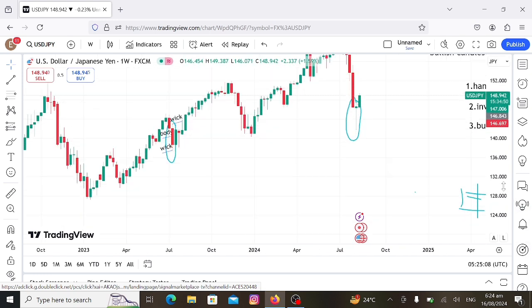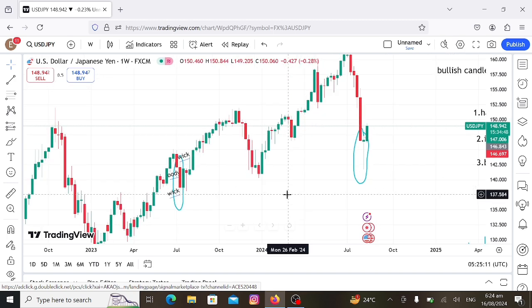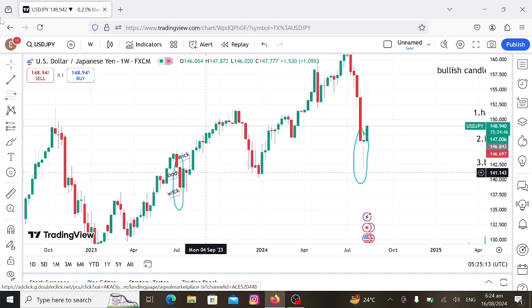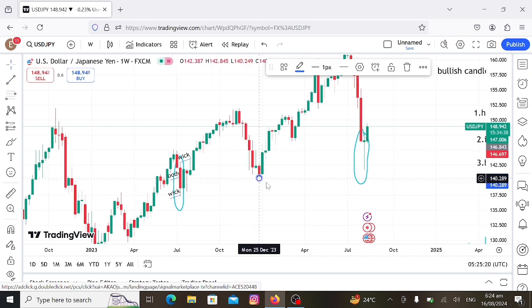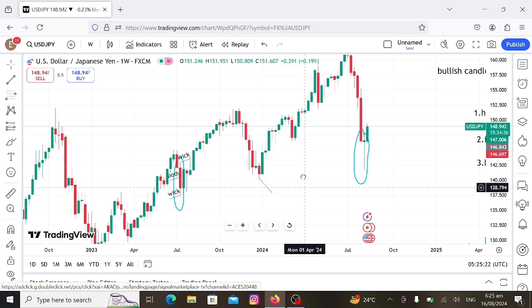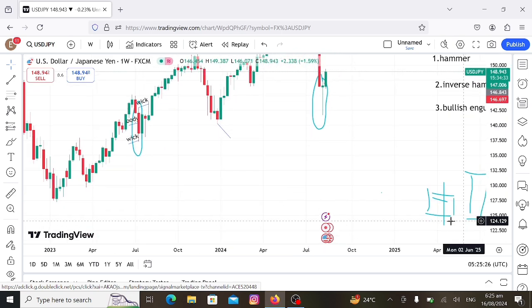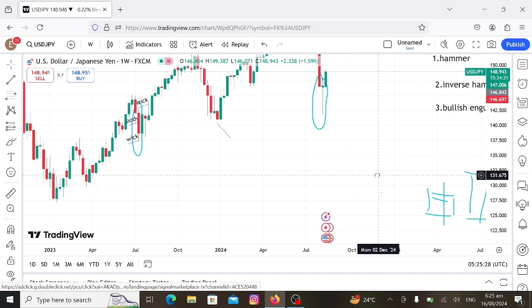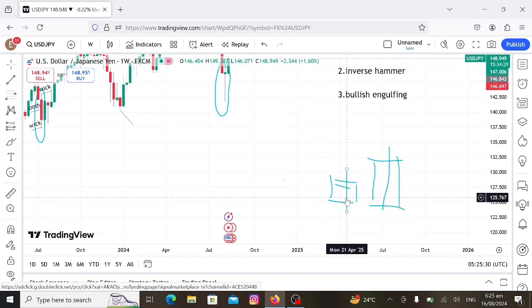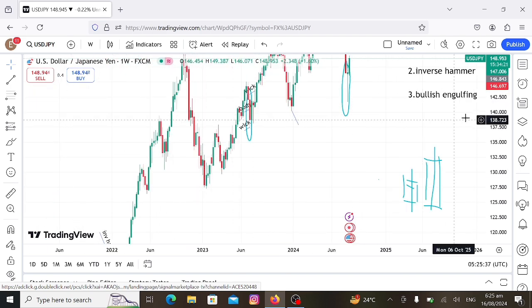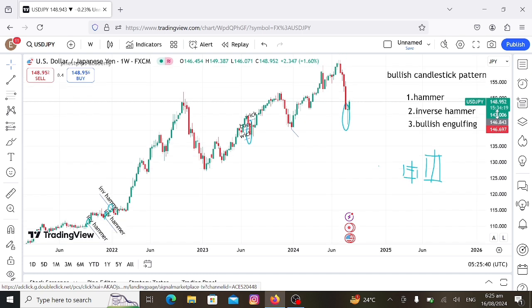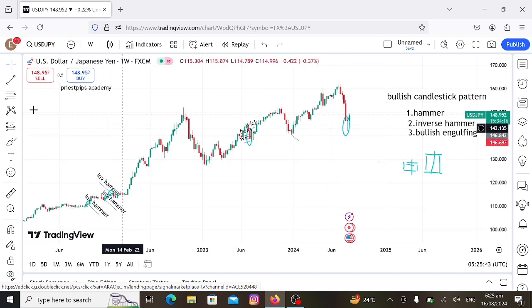Yes, very recent. So see this red candlestick here. This one here can stand in place of this, and this for this. And see, bullish engulfing is here.